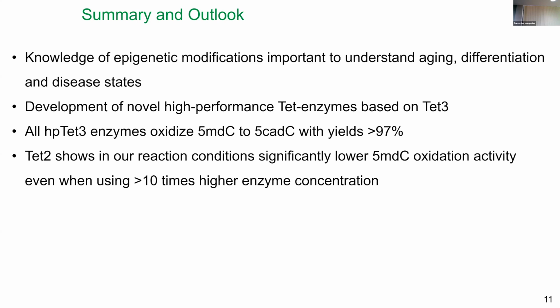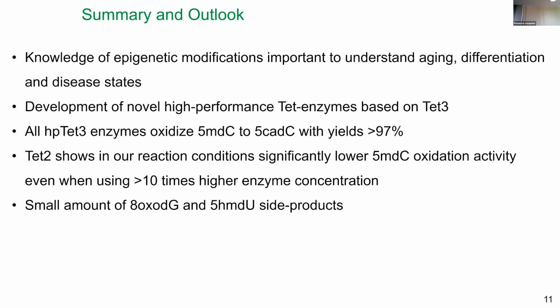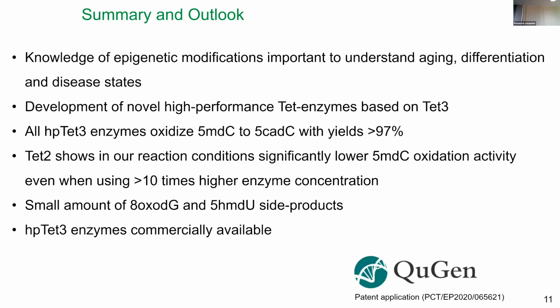And Tet2 shows, in our reaction conditions, significantly lower oxidation activity, even when we use much higher enzyme concentration. We form a little amount of 8-oxoguanine and 5-hydroxyuracil as side products. And Thomas recently founded a company, so these enzymes are also commercially available.